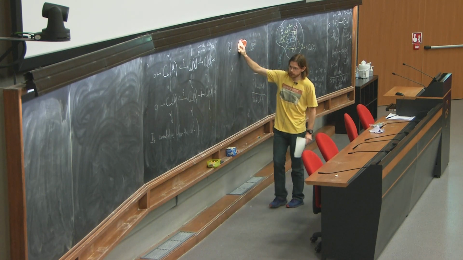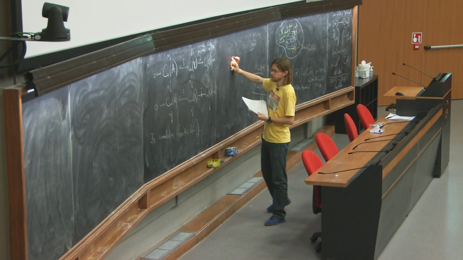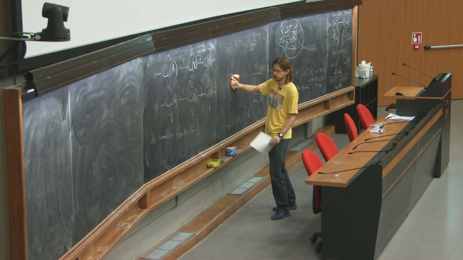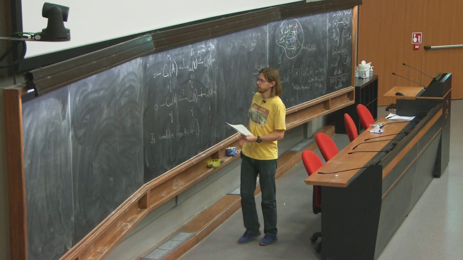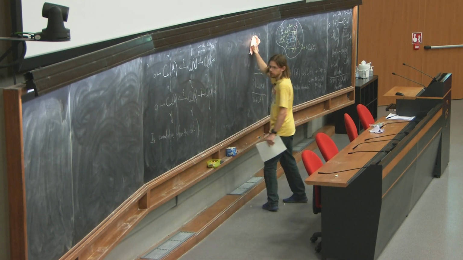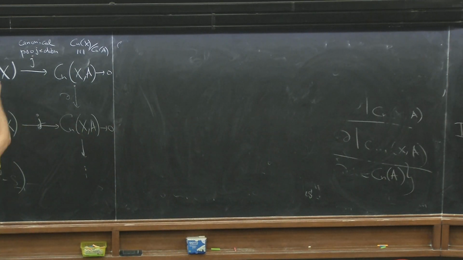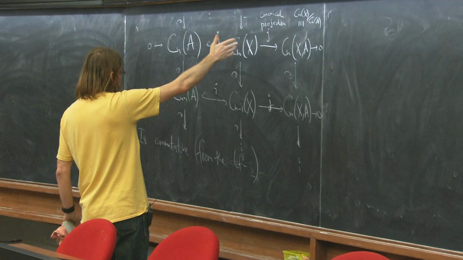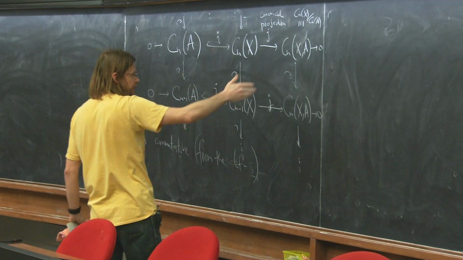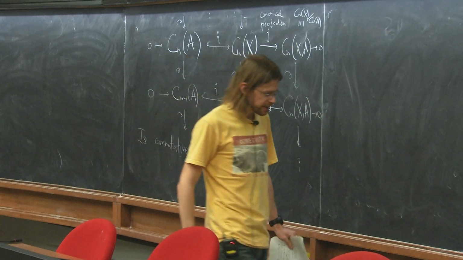And so we arrived at a situation where we have a triple of chain complexes. One is the chain complex for singular chains in A. The other is the complex of singular chains in X. And third is the complex of relative chains.